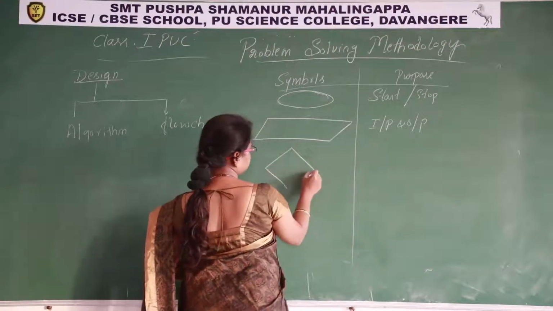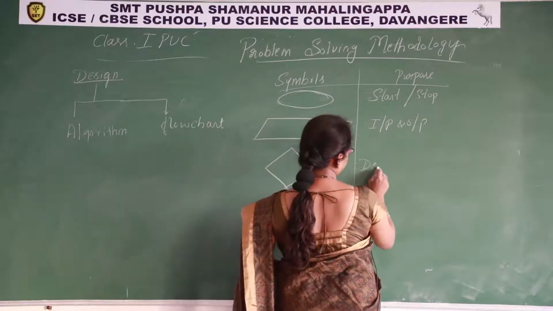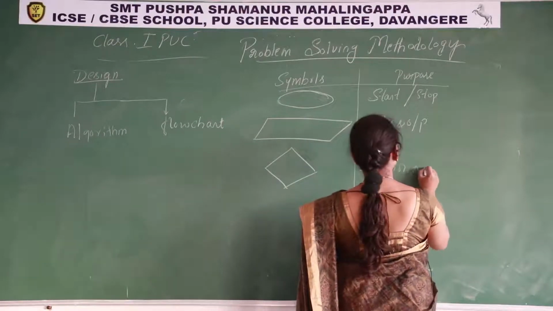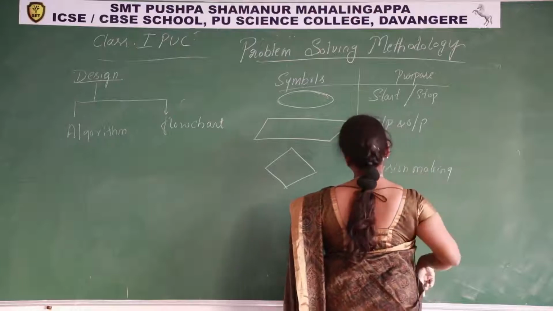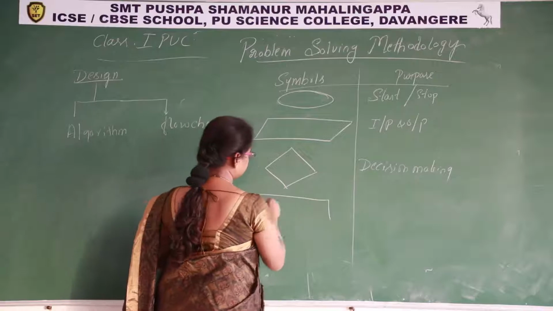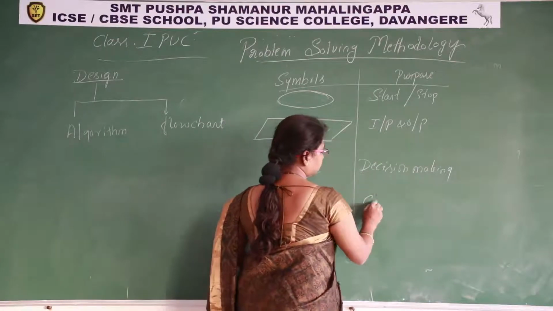Rhombus, decision making. Then rectangle, calculation.